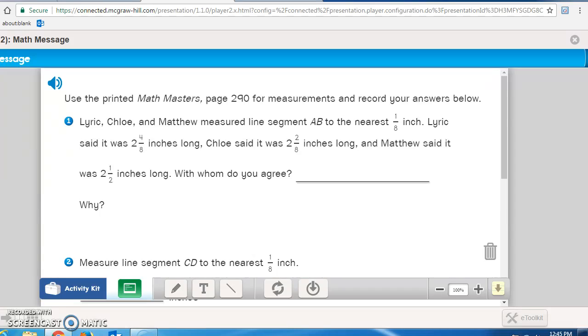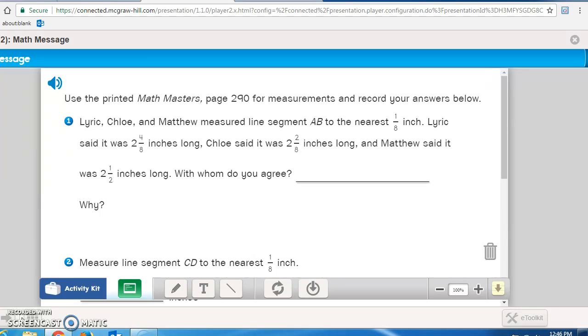Number 2, remember to measure line segment CD to the nearest eighth inch. Pause the recording now if you have not measured that line segment yet. You should have measured it as 4 7/8 inches.